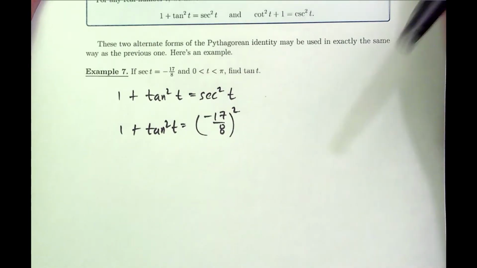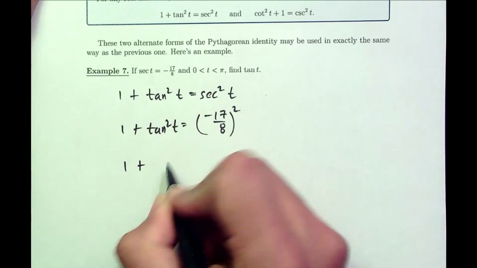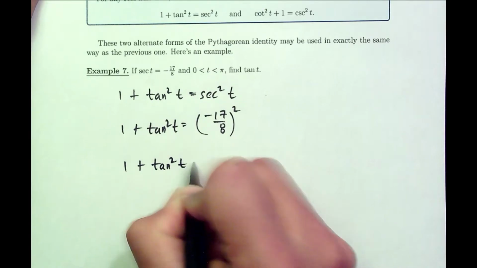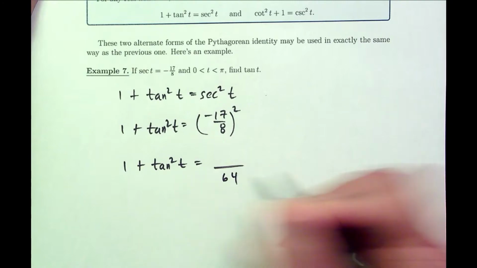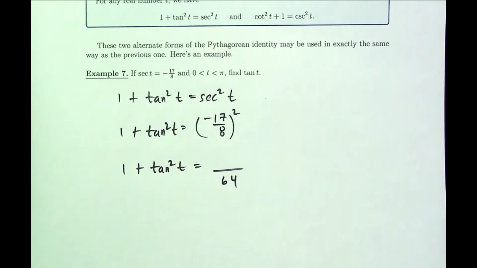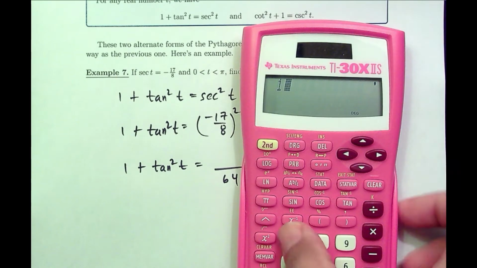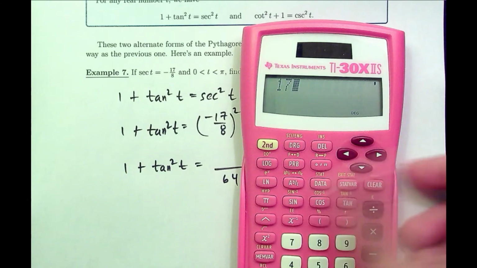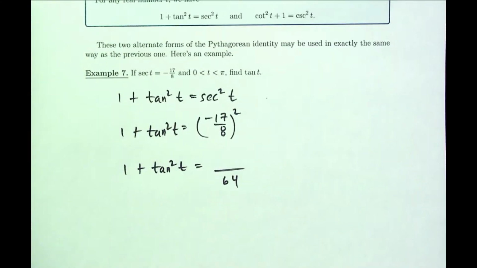Now, we're going to simplify this. You square the top, square the bottom, and you get 64. If you square the top, what do you get? 17 squared is 289.